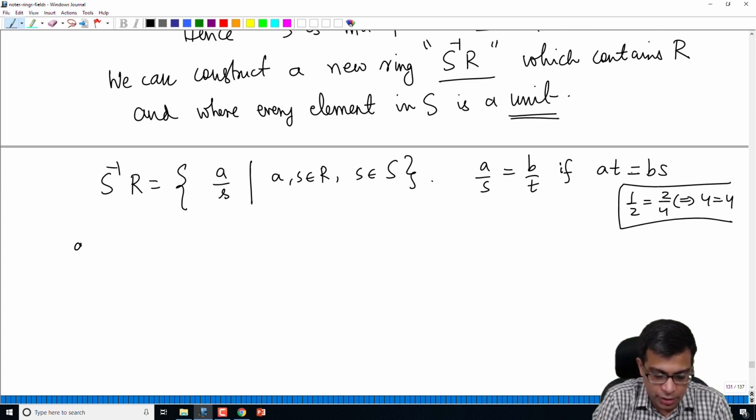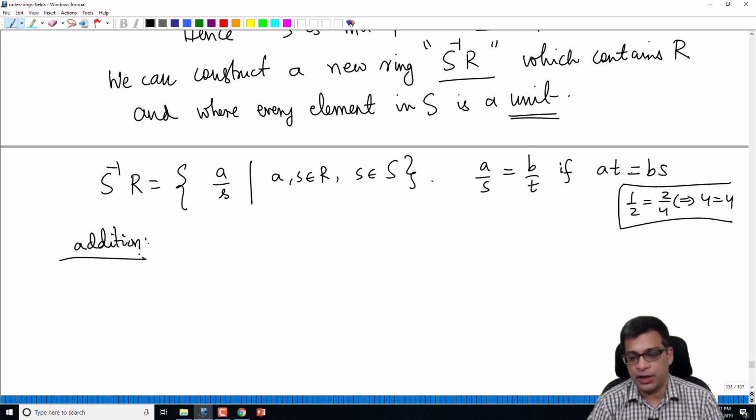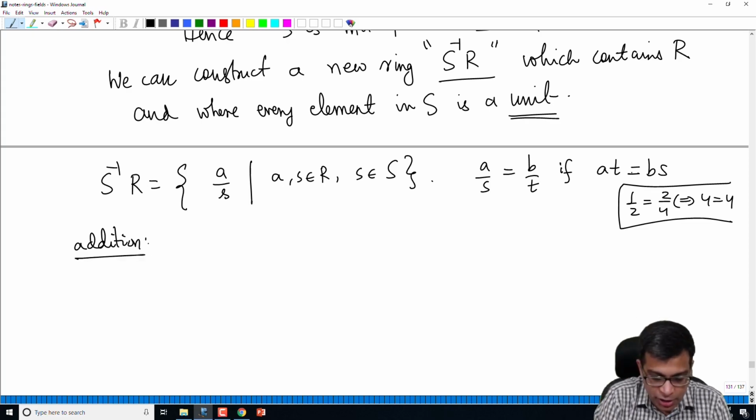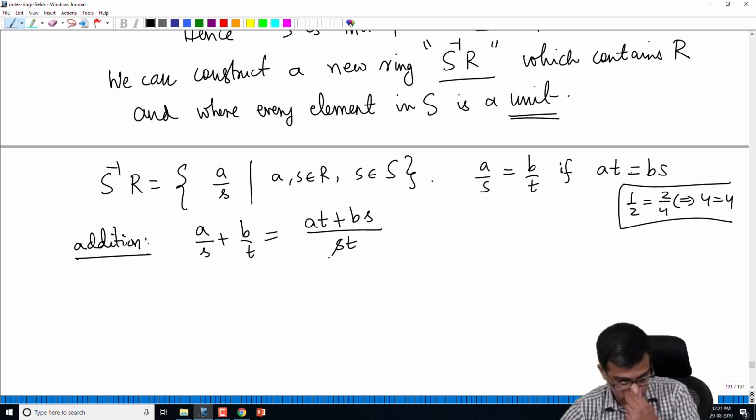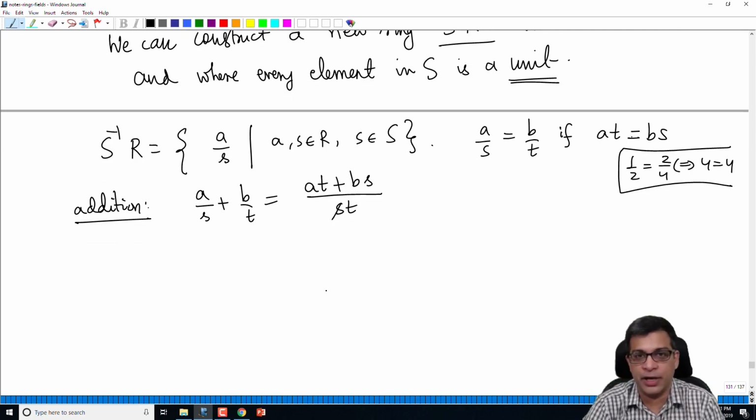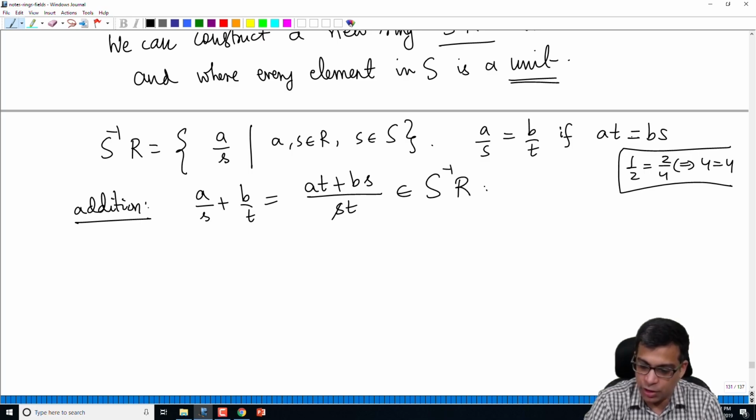This is the set. Addition on this, again, we are exactly mimicking the construction of rational numbers. So addition is A by S plus B by T is AT plus BS by ST. Here is where the multiplicative property of S is important. S and T are in S, and hence their product is in S. So this is in S inverse R in my notation.